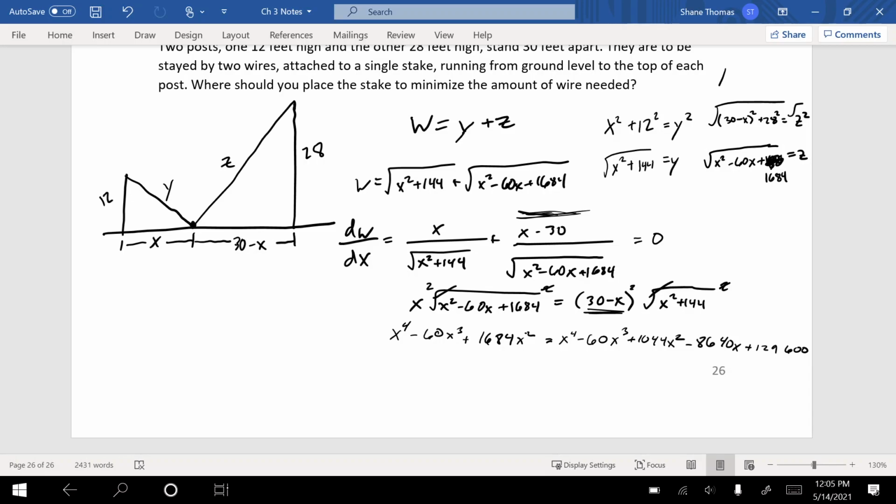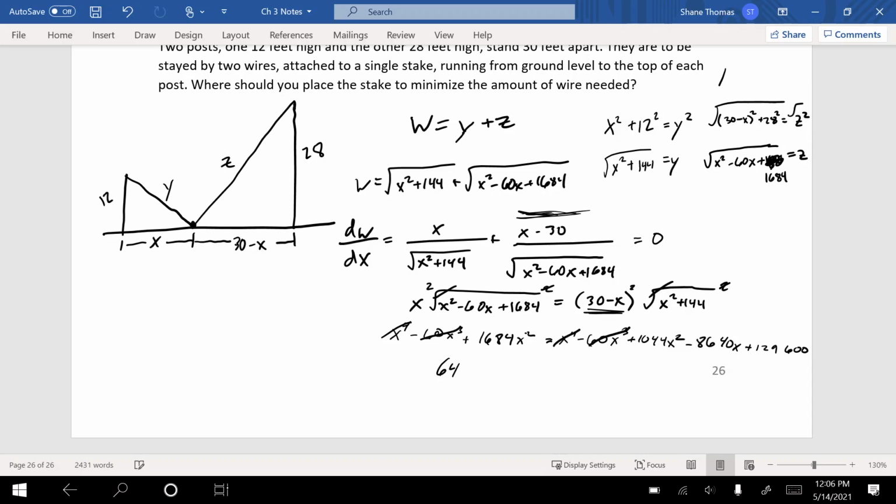All right, the nice thing though, here's an x to the 4th on this side, x to the 4th on this side. Negative 60x to the 3rd, negative 60x to the 3rd. So I get rid of all the higher order stuff, right? Now if I bring everything to the left side, I have 1684x squared minus 1044x squared.